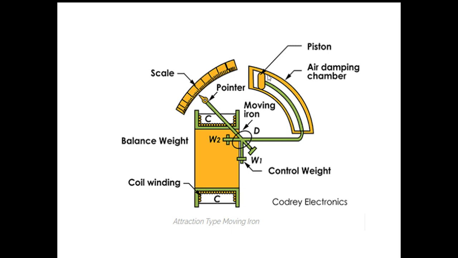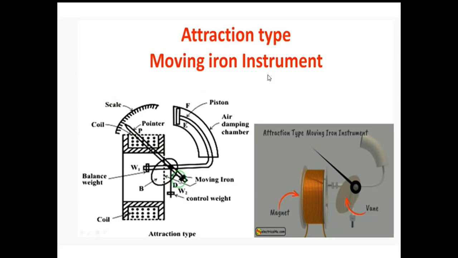This is the side view of the instrument, and actually this is a three-dimensional view. See, this is the current carrying coil. From one end current goes in, and from the other end current comes out. When current flows through the coil, it establishes a magnetic field.